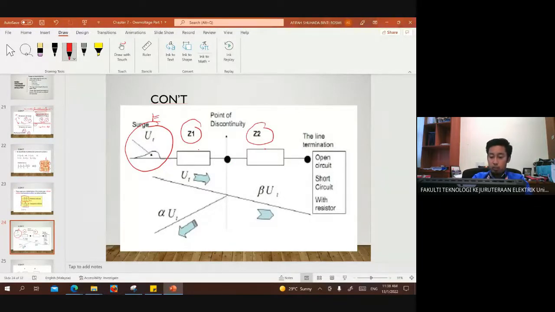So according to this one, the value of alpha is the reflected coefficient, and the beta is the transmitted coefficient.